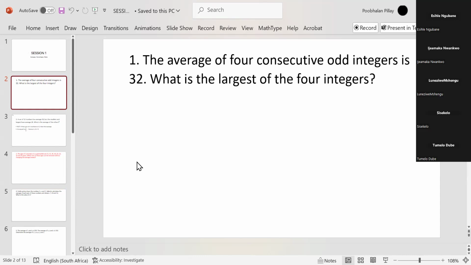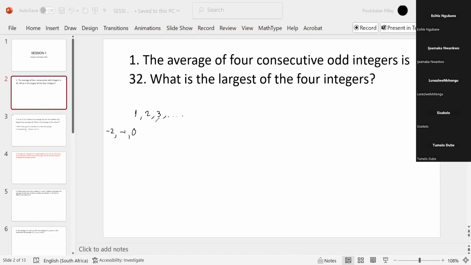Integers mean the counting numbers, which are 1, 2, 3, and so on. These are the counting numbers. But the integers also include the 0, which is normally put on the left-hand side, 0, -1, -2, and so on.